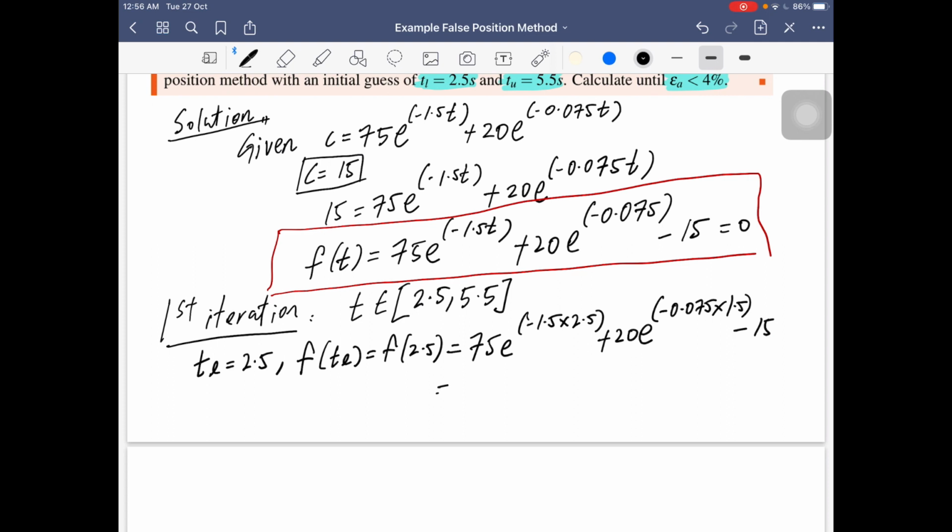If you use your calculator and round off to 4 decimal places, you should get 3.3444.